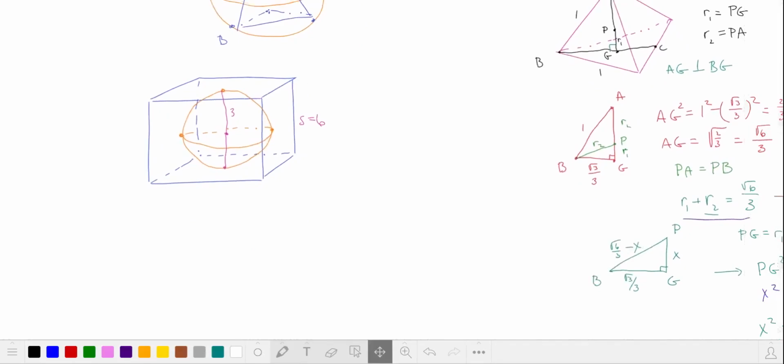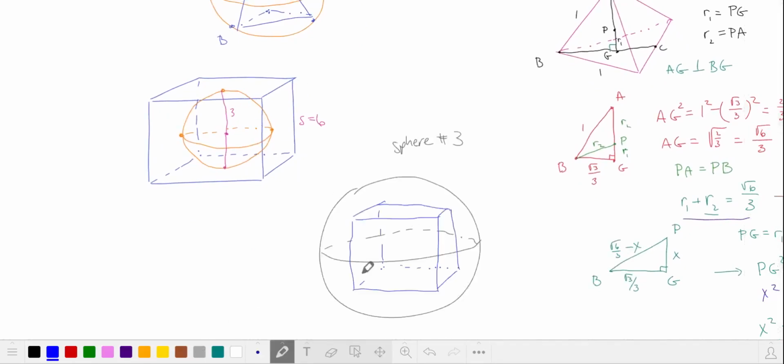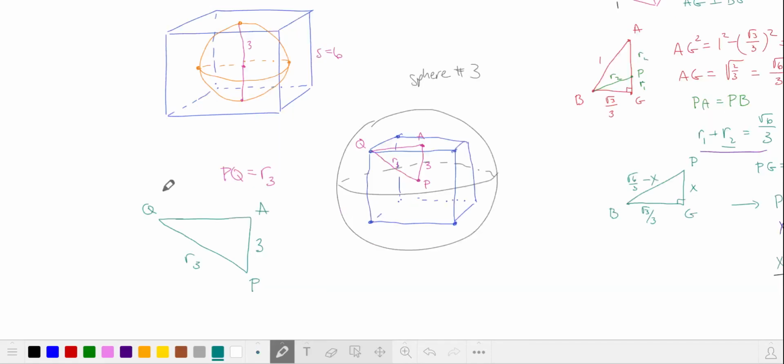Now let's draw our third sphere that surrounds this blue cube. This largest sphere is going to intersect the cube at its 8 vertices. I've drawn in pink here a radius of our smaller orange sphere. That has a distance of 3. Let's call this corner Q. The distance from P to Q is the radius of our largest sphere, which we're calling R3. And triangle QAP is a right triangle.